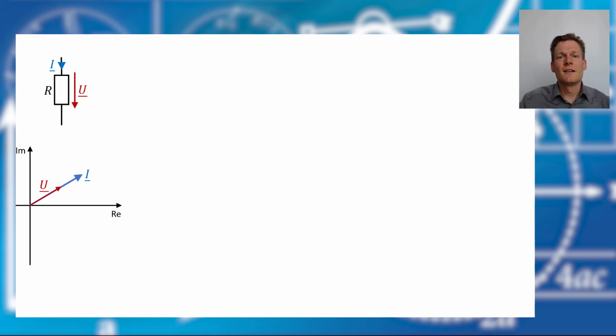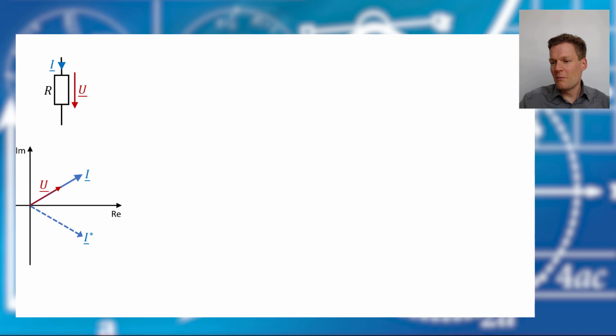We have a look at the conjugate complex current. Conjugate complex was the number with the same real part and with the imaginary part with a flipped algebraic sign.